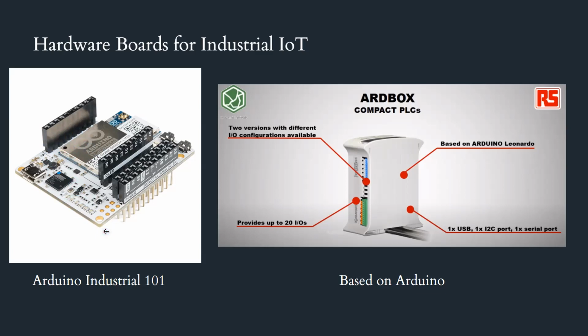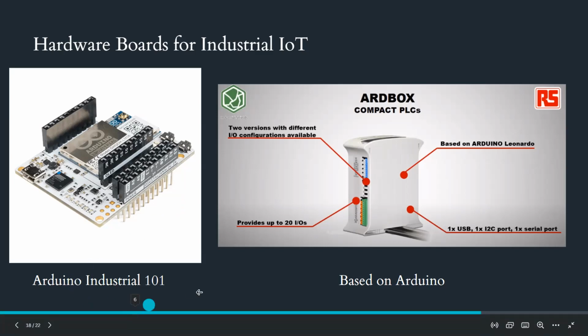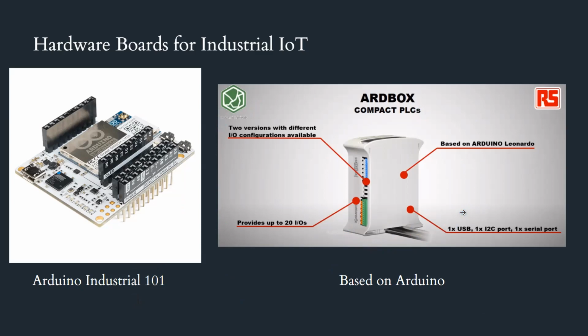Also, this board is not that thick, right? The PLC is a kind of large, something like this. It needs more space. But the Arduino controller board, which is thin and lighter than a PLC, can be used instead of a PLC. So there are industrial Arduino boards which are used instead of PLCs these days. And then we also have some types where we have integrated the PLC with the Arduino board capabilities.